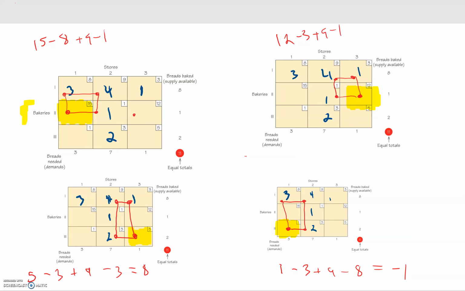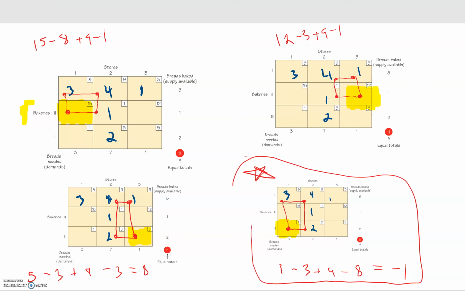Of the 4 empty cells, the only one that has even a negative indicator value is this one. So this choice down here, okay? That tells me that it would be advantageous to make that change. But there's another interesting thing about this particular circuit, which is notice that the minimum of this circuit is 2.